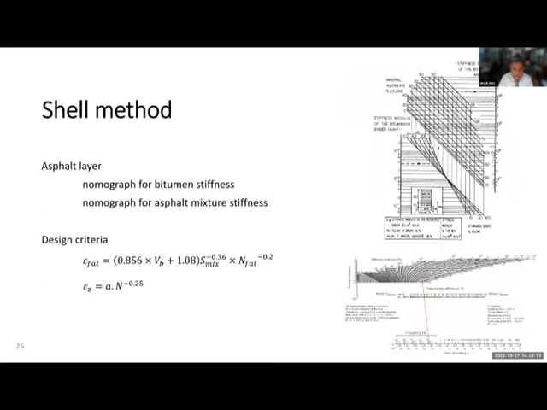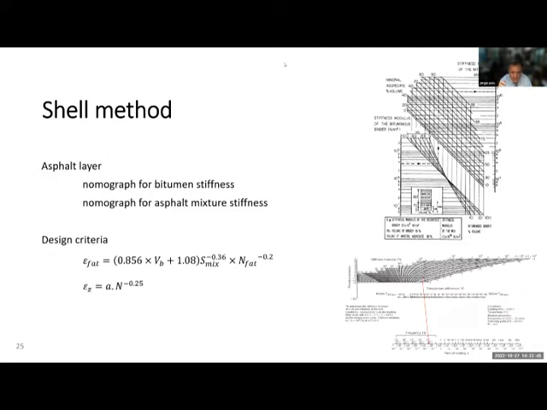So the Shell method was extremely important because it was used by a lot of people to define the stiffness of the asphalt binder and the stiffness of the asphalt mix. And here you have the nomograms for the calculation of both stiffnesses.